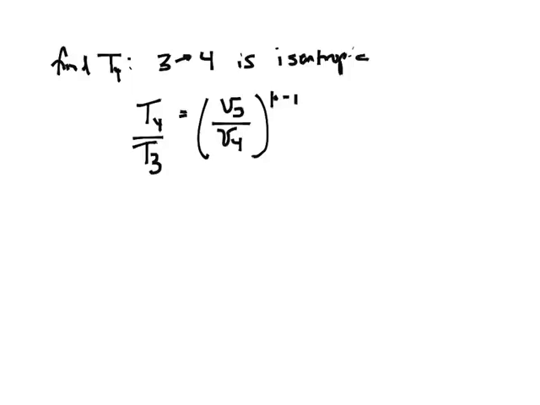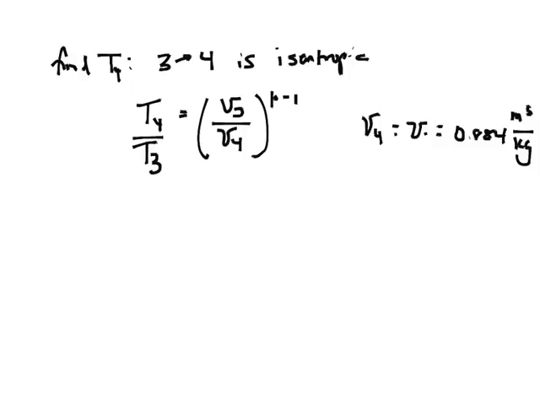We know V4 equals V1, which equals 0.884 meters cubed per kilogram. We found that before.